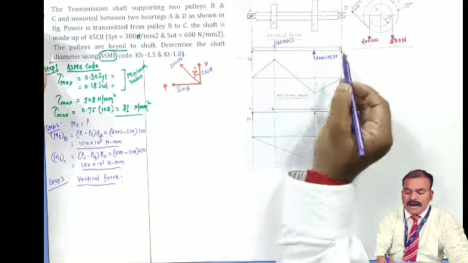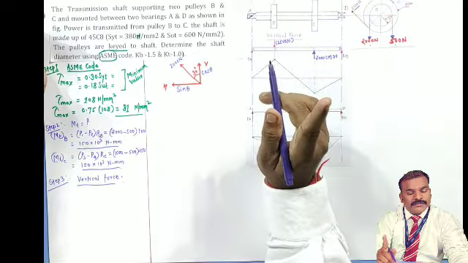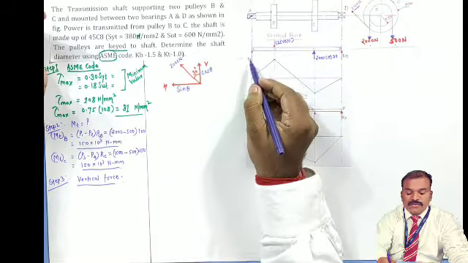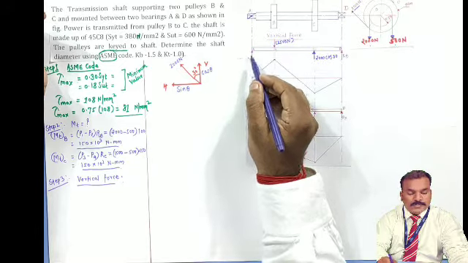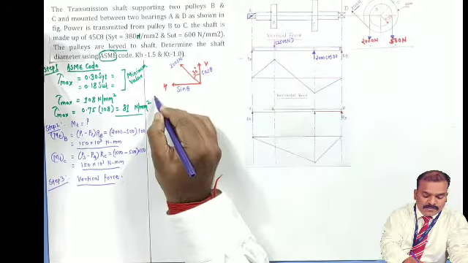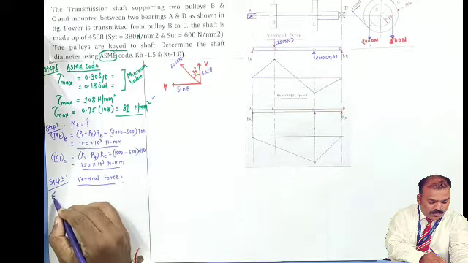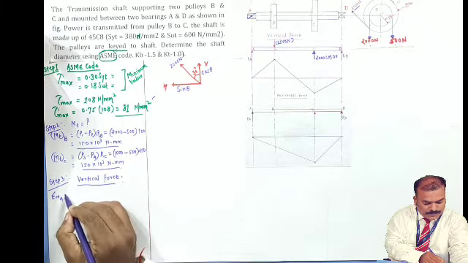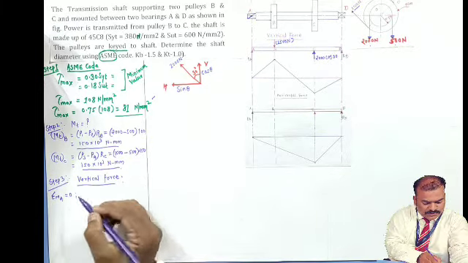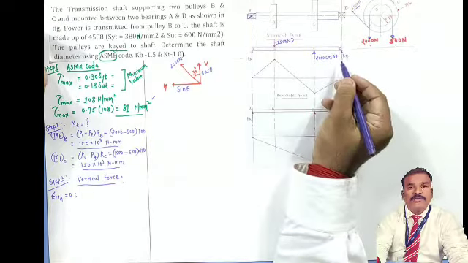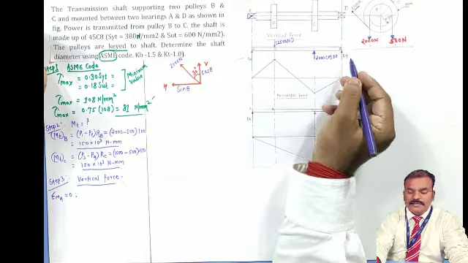Here important is RA and RD we need to calculate. So, before calculating that, we'll have to consider taking moment with respect to A. So, I'll write here moment with respect to A is equal to 0. What does it indicate? It indicates we will have to start from D side, that is D bearing.